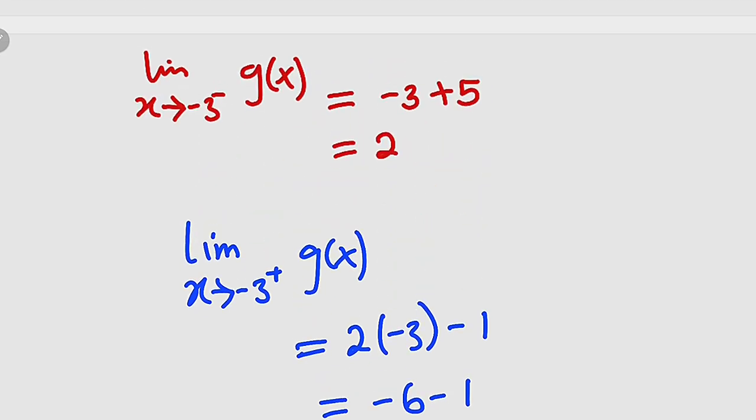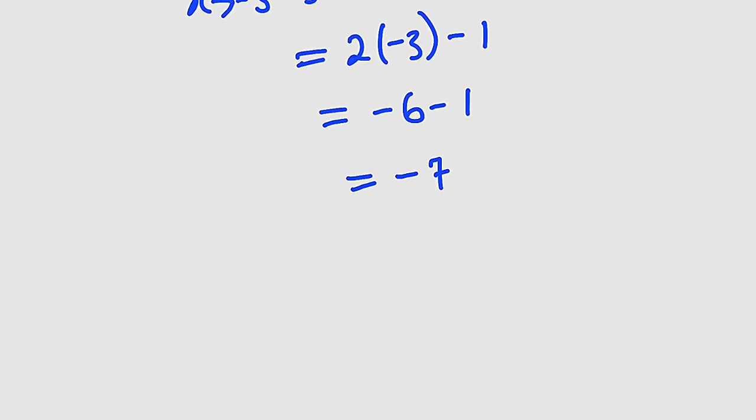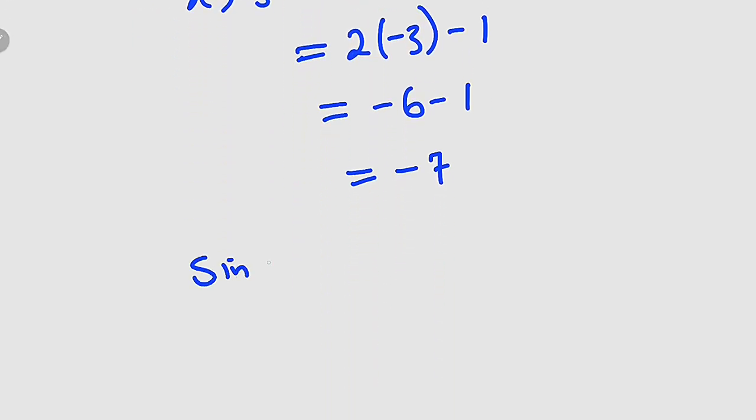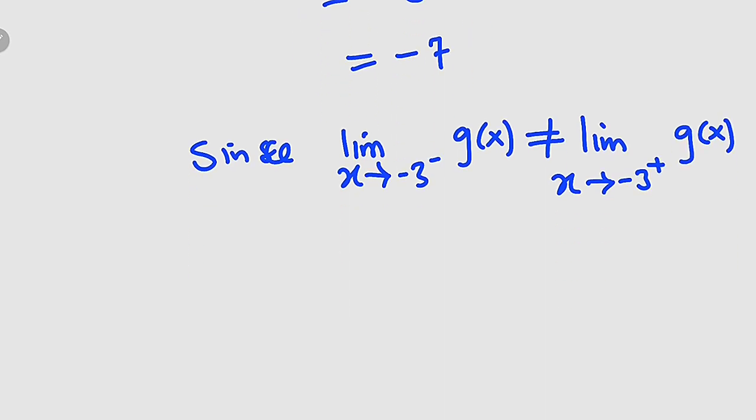So what you should observe here is that the left hand side limit is not equal to the right hand side limit. Since the limit as x approaches negative 3 from the left of this function g of x is not equal to the limit as x approaches negative 3 from the right hand side of the same function, we say that what?